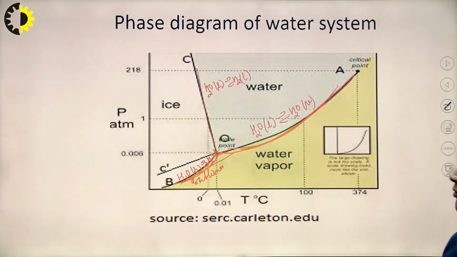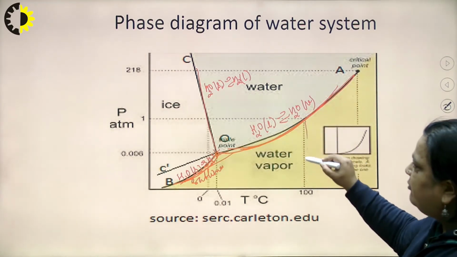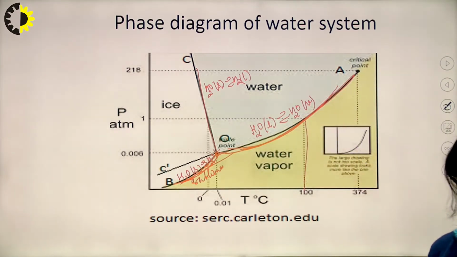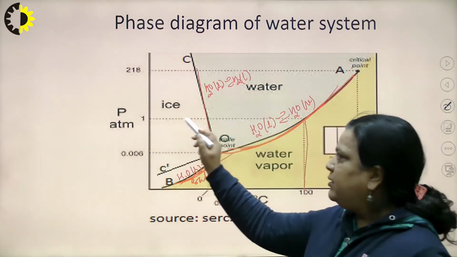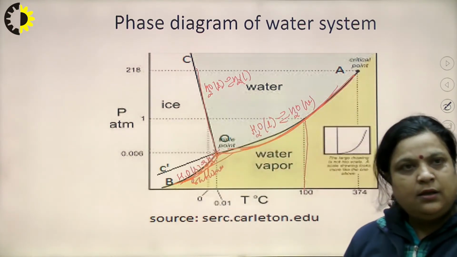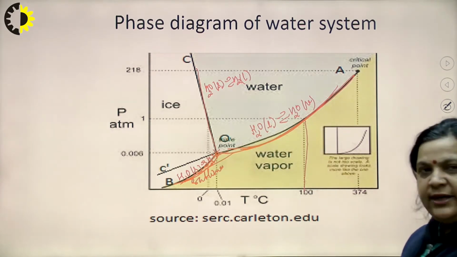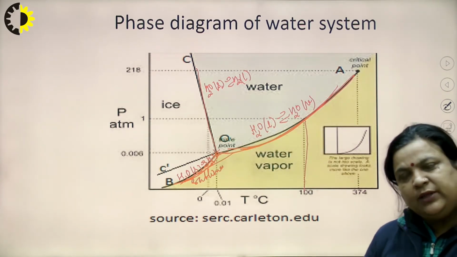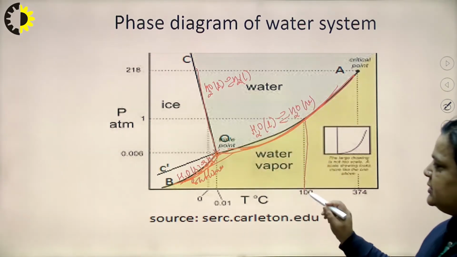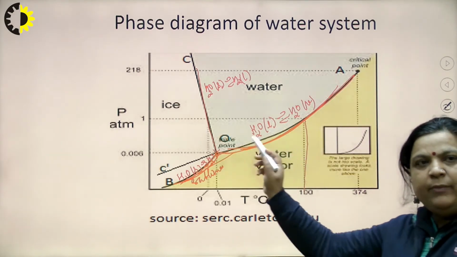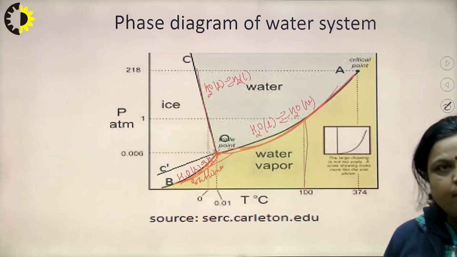Degree of freedom 1 means that along this curve, if we know the temperature, we can easily find the pressure. For example, if the temperature is 100 degrees centigrade and this is the vaporization curve, then definitely at the boiling point the vapor pressure should be 1 atmosphere.